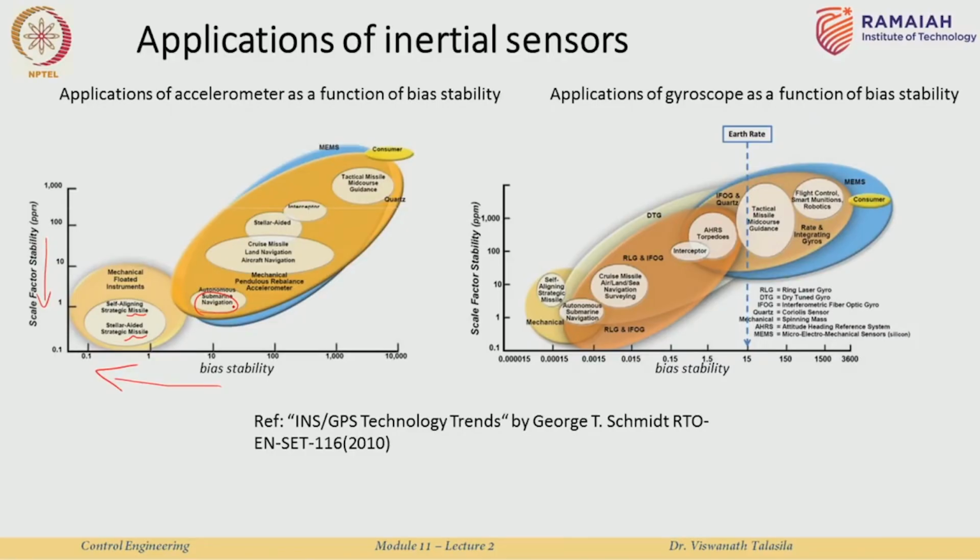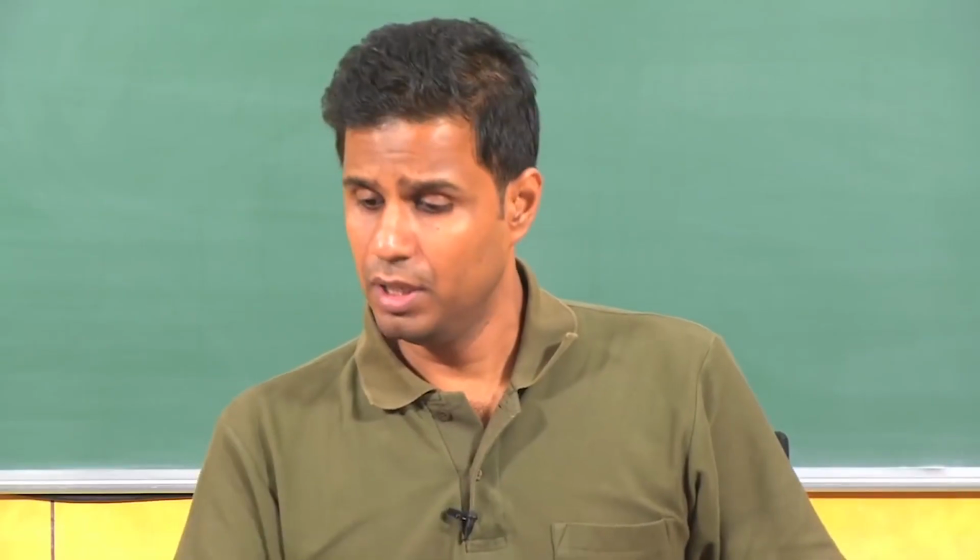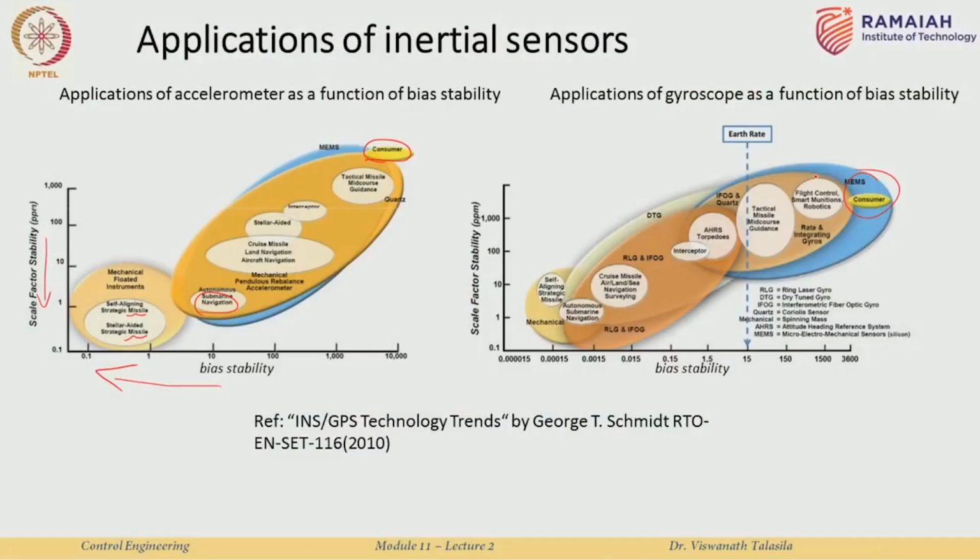If you have poor bias stability and poor scale factor stability, you are really looking at consumer electronics like the accelerometers present in your cell phones. Same with the gyroscope. Poor bias stabilities will mean you are looking at consumer type. The really low noise profile will be your submarine navigation, missile navigation, and so on. These two graphs are taken from this excellent reference which is shown over here.